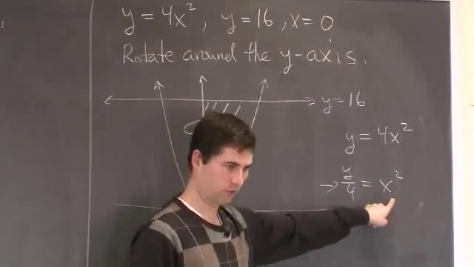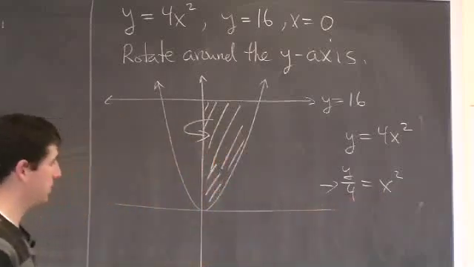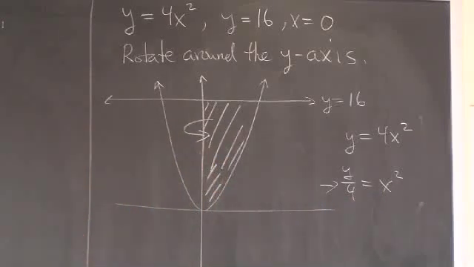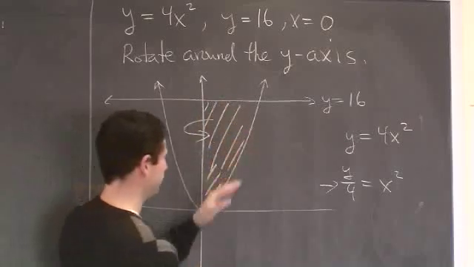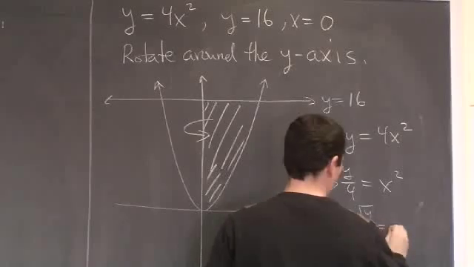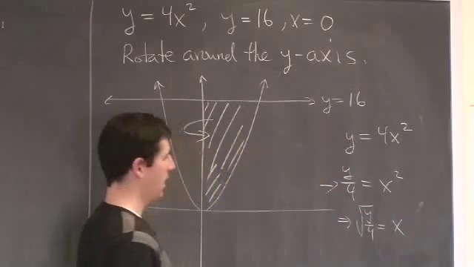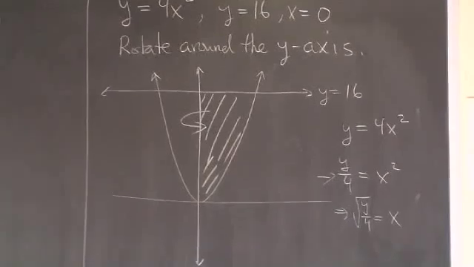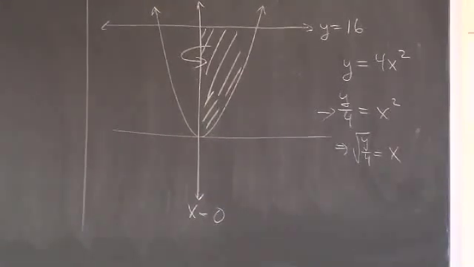And then we have to take the square root, and decide whether we want the positive or negative square root. But things are nice. We're in the first quadrant, so we're taking the positive square root. So square root of y over 4 equals x. That's actually root y over 2, but we know in the end when we use the disk method we have to square things, so we'll get rid of that square root in the end.